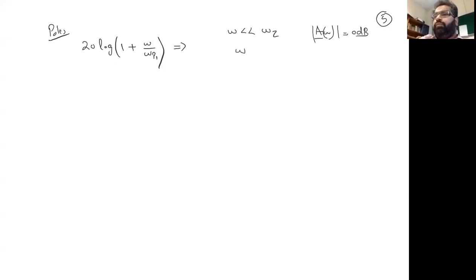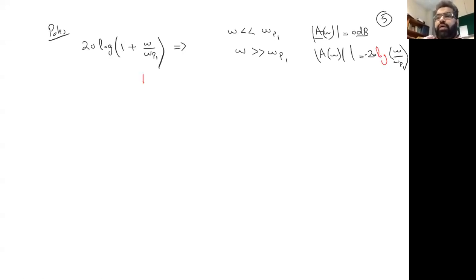And for a very much bigger value, omega p1, the magnitude will be equal to minus 20 log of omega by omega p1. So whatever the values come, it will accordingly be calculated from that number. Rather I shouldn't write dB here, write 20 log of this.